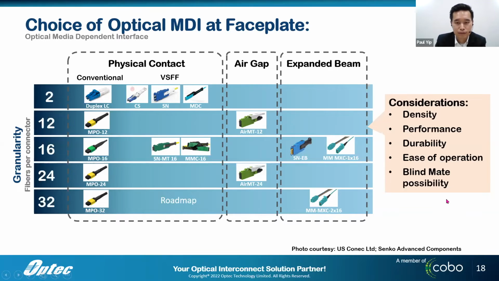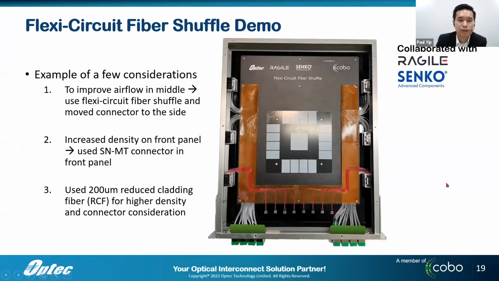We can also do this in the shuffle. Another demo could be shown in the ECOC, where we used 200 micron cladding fibers. The main idea is that the connector here uses this kind of fiber, which gives us less space and lets us use a little bit more fiber inside the very small base, to make the shuffle smaller and smaller, and to avoid those SMTs on the PCB.